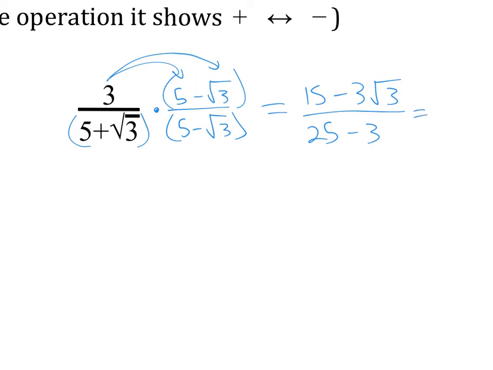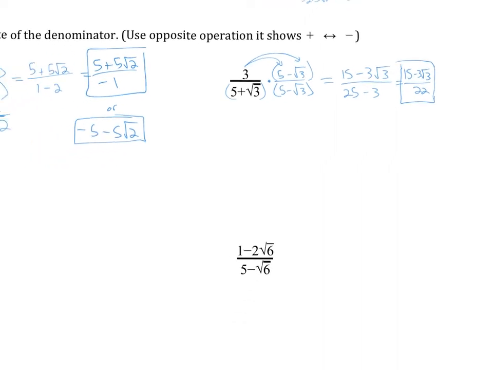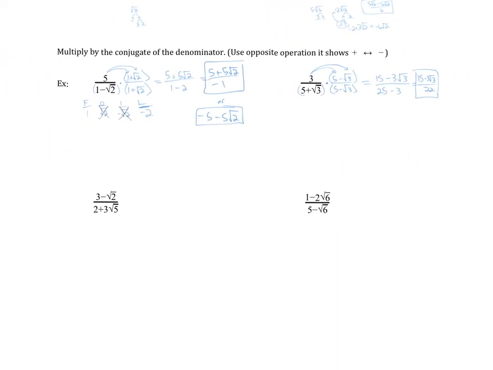So once we subtract those two things on the bottom, those like terms, we have 15 times square root of 3 over 22 as our final answer.